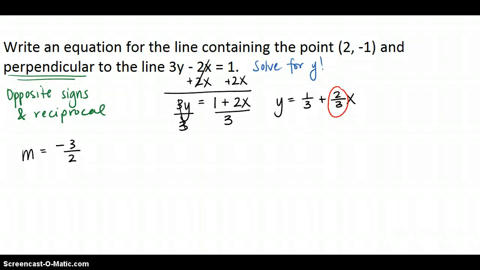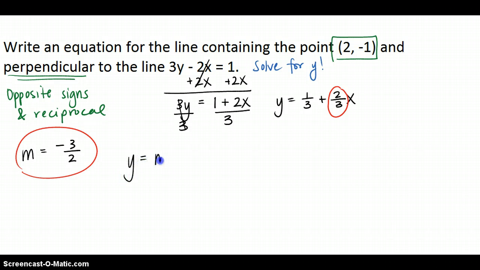Fourth step, actually write our equation. So now that we have our slope is -3/2, we use the 1 point that they give us, (2, -1), and we use the 3 pieces of information to solve for our y-intercept b. So again, I'm going to take my y value, which is -1.